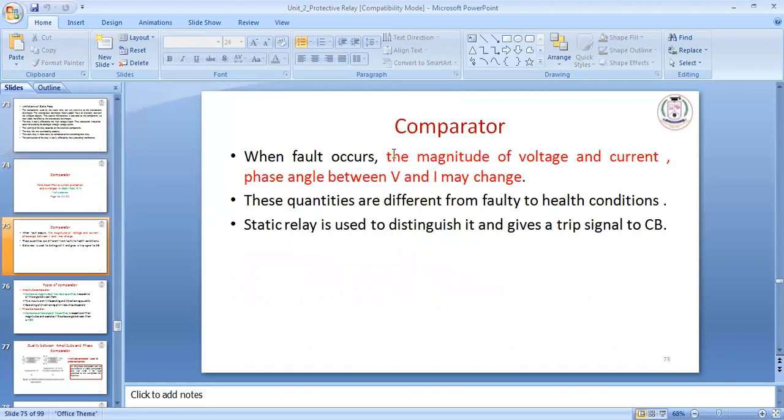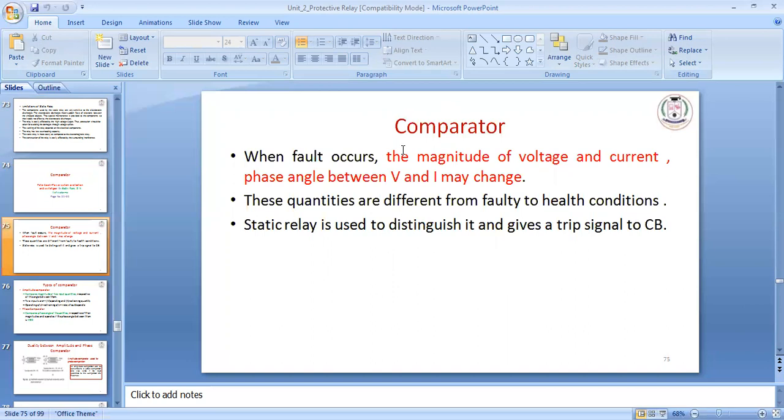Then the next one, the comparator. With the comparator, we need to identify whether it is a fault current or normal current, fault voltage or normal voltage. Similarly, we need to check whether our current or voltage waveform is following the proper phase angle or not. Sometimes the magnitude may be the same, but the phase angle may differ.